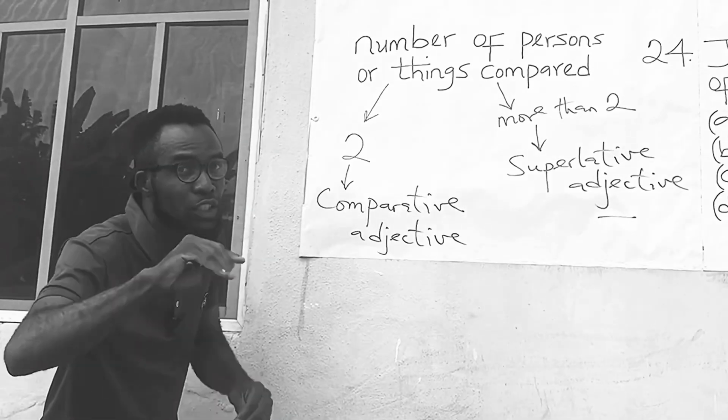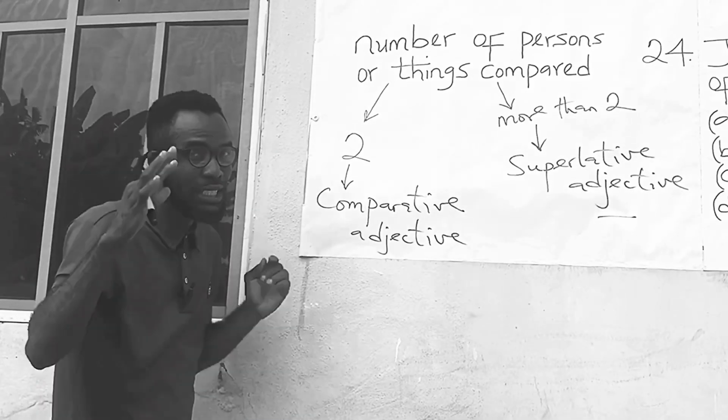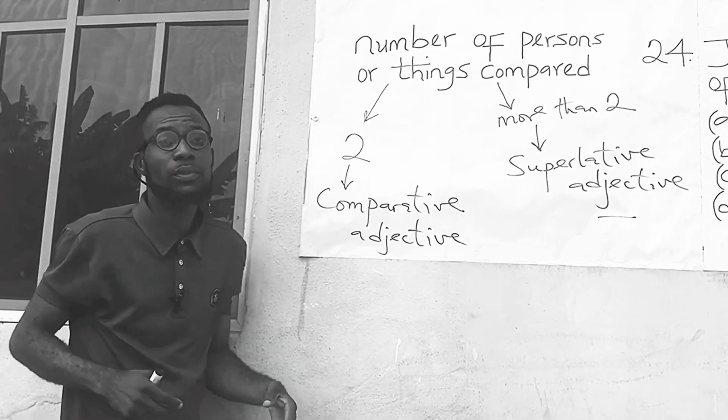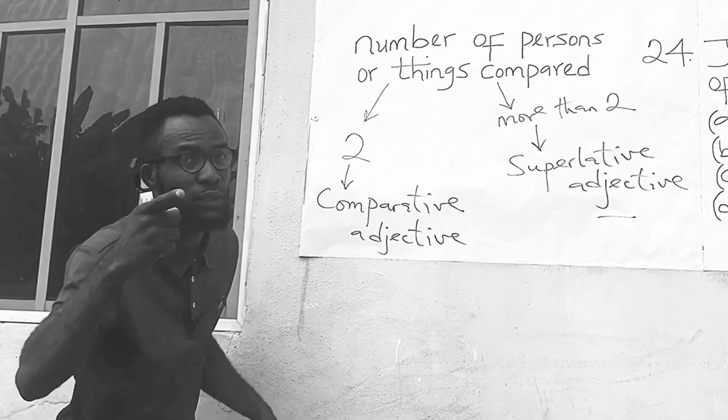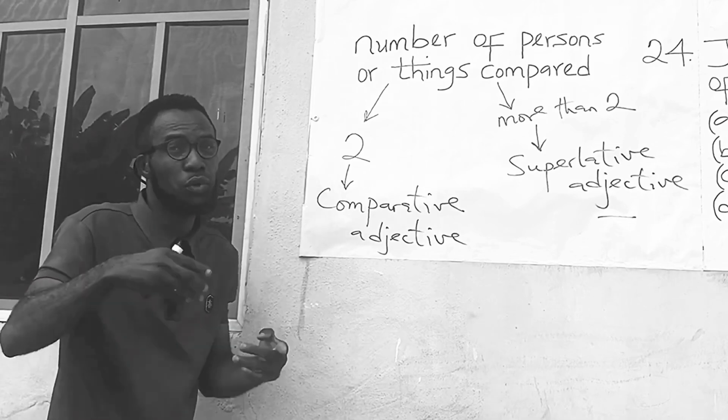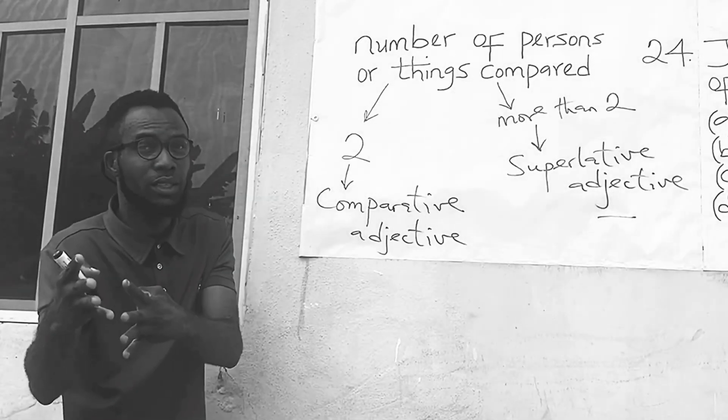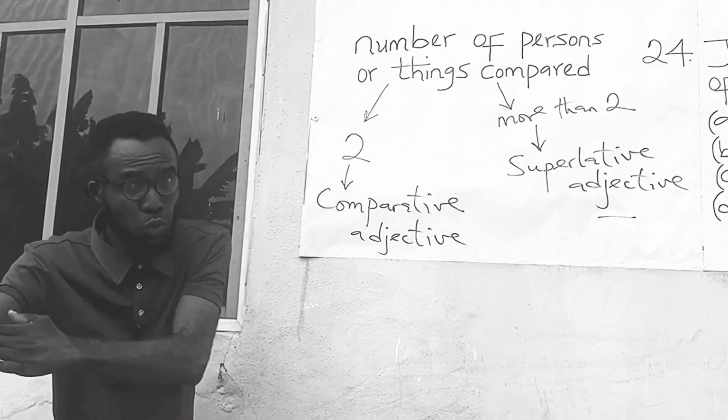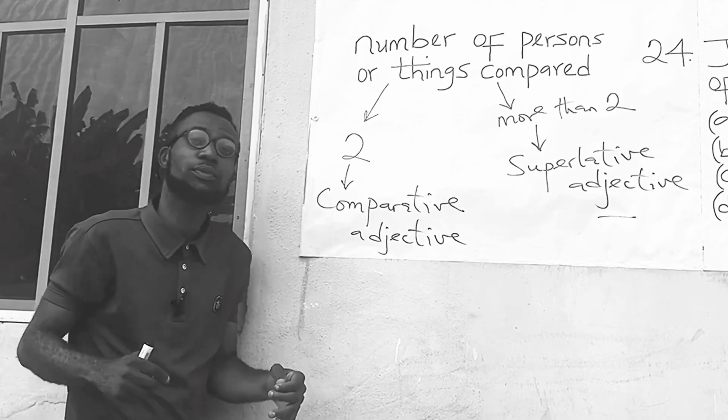I know that the question you want to ask me now is the gargantuan one. How are we going to know that the number of persons or things compared in the question is 2 or more than 2? Let me help you.